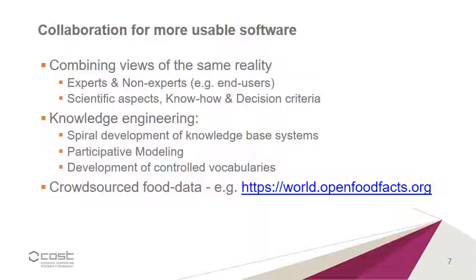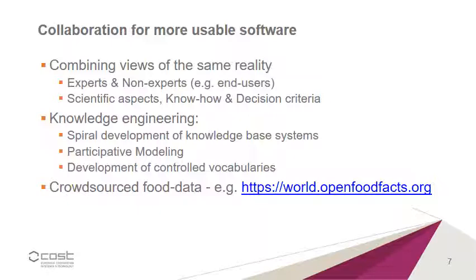The guidelines to build this kind of decision support system are formulated in the knowledge engineering field. For example, with a spiral development, it is possible to have multiple feedback loops with the domain expert, even if those experts don't have programming skills.